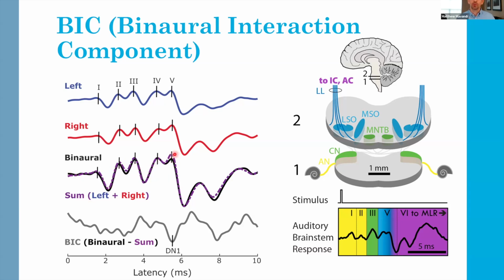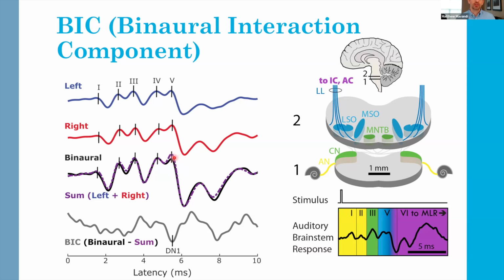Now, that's different when we play a sound in both ears at the same time, and we get this black line, the binaural electrical recording. And notice that there's a difference between the binaural hearing and the monaural hearing electrical waveforms.